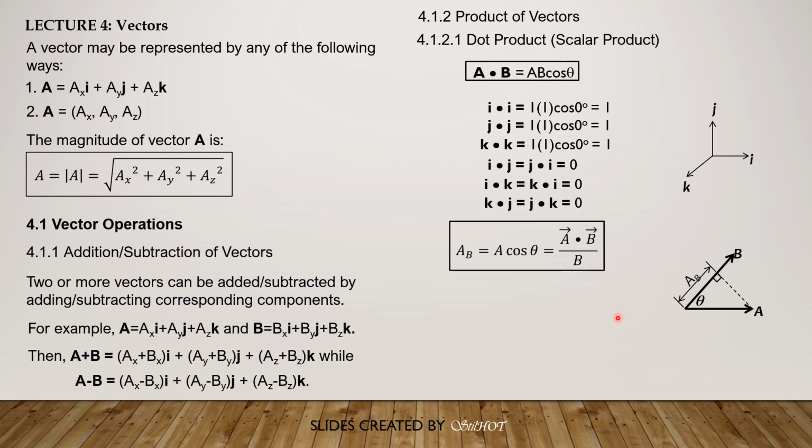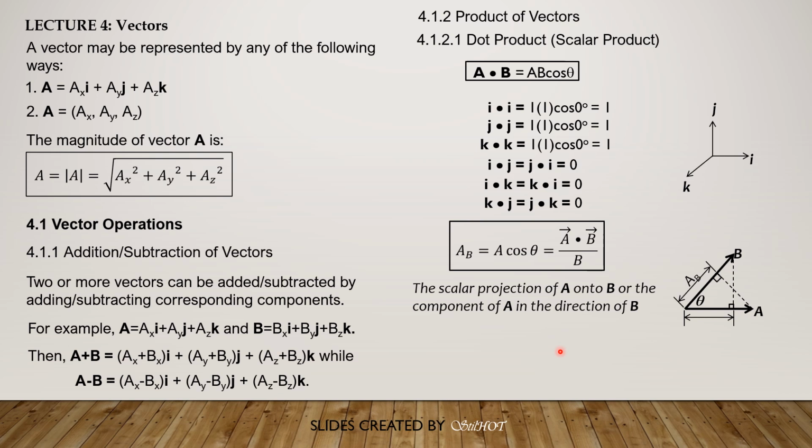Likewise, we can also compute the scalar projection of B onto A, or the component of B in the direction of A. So this is another right triangle. The hypotenuse is the magnitude of B. The angle between them is theta.